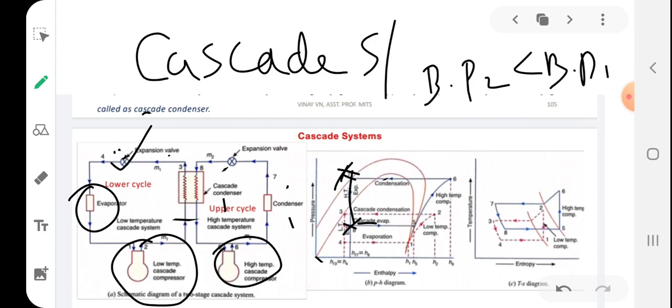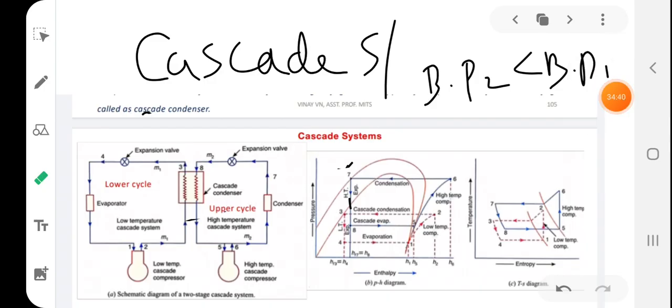After that, it again continues evaporation in this cascade condenser. So you have to note that this is the evaporator. Here is actually where the lower temperature is obtained. So you can obtain a very low temperature here. The temperature which is not possible in the case of a multiple stage compression or evaporation system is achieved here.